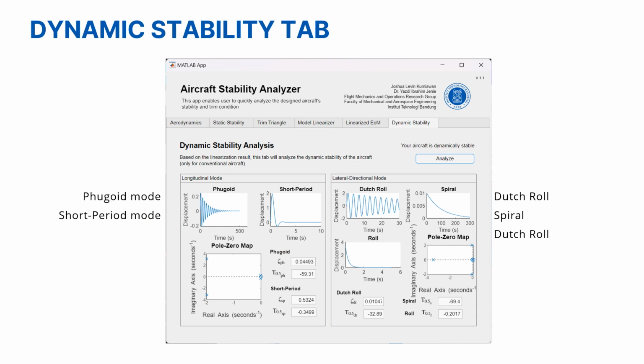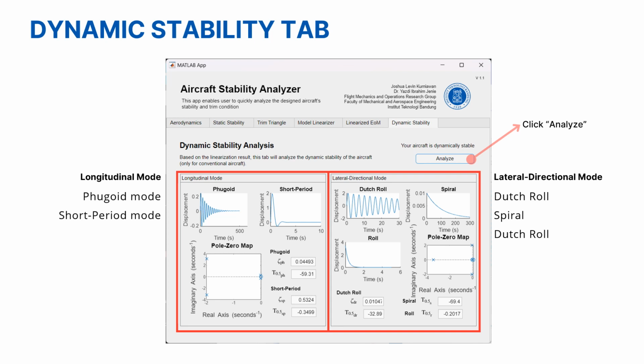In the Dynamic Stability tab, users can assess each mode of flight using the linearized model, but currently the app only supports conventional aircraft for this tab. In the longitudinal mode, users can analyze the phugoid mode and short period mode.